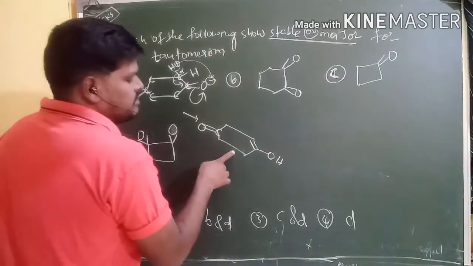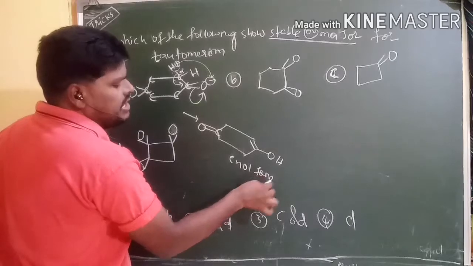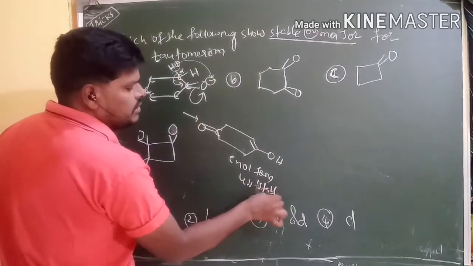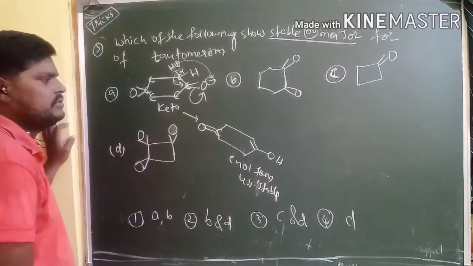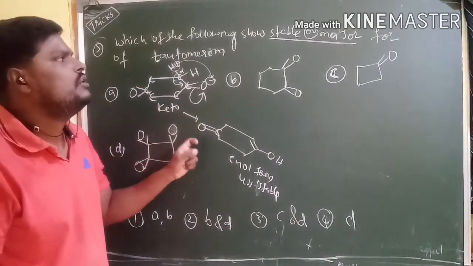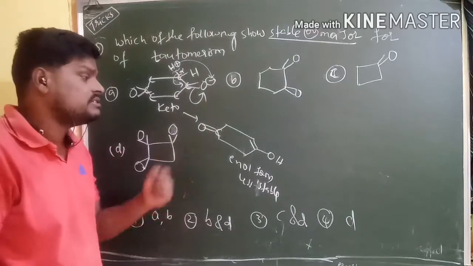So you know what here? This enol form is less stable than the keto form. So the first option is not the stable or major form for tautomerism. Why?